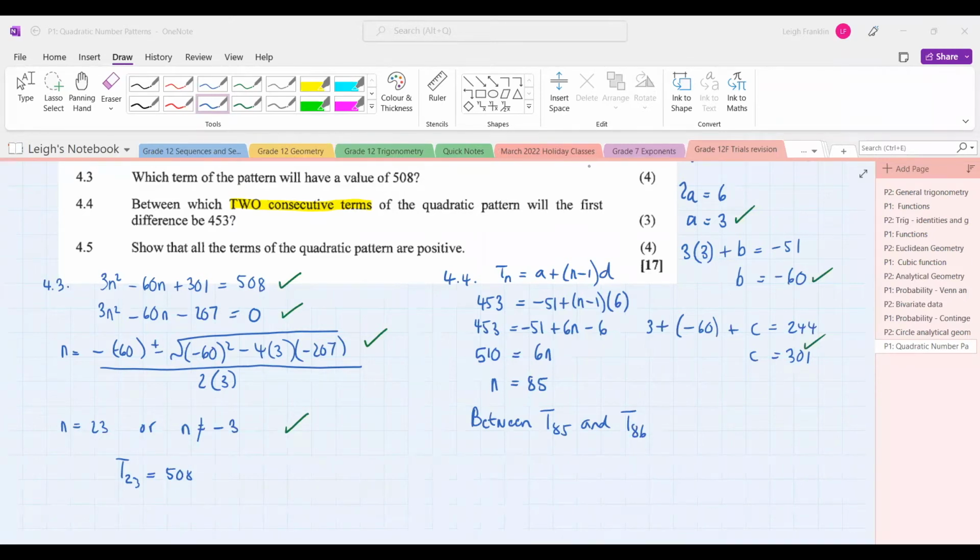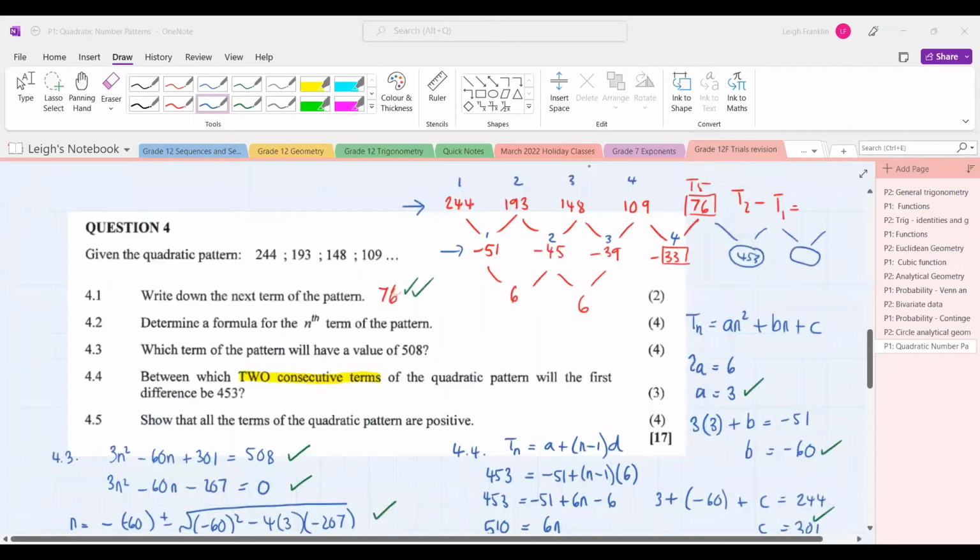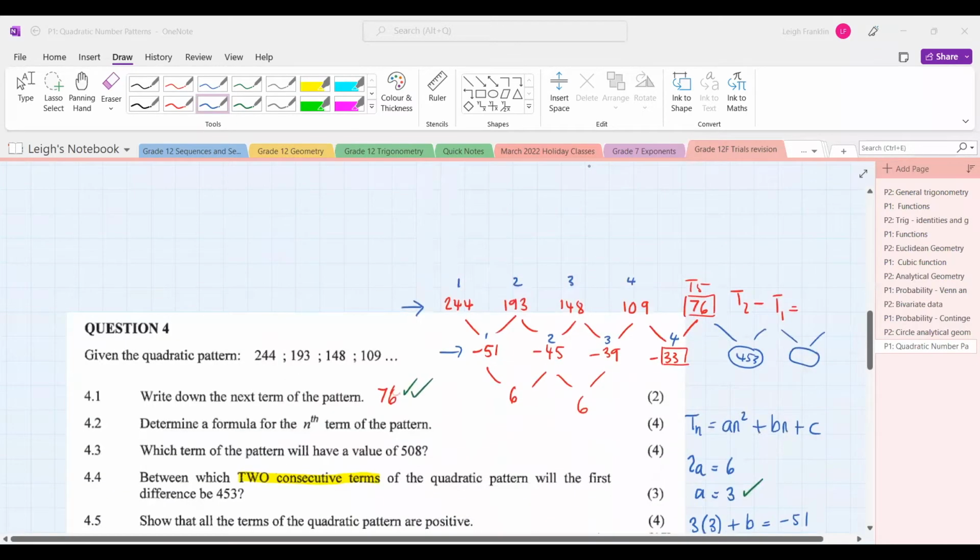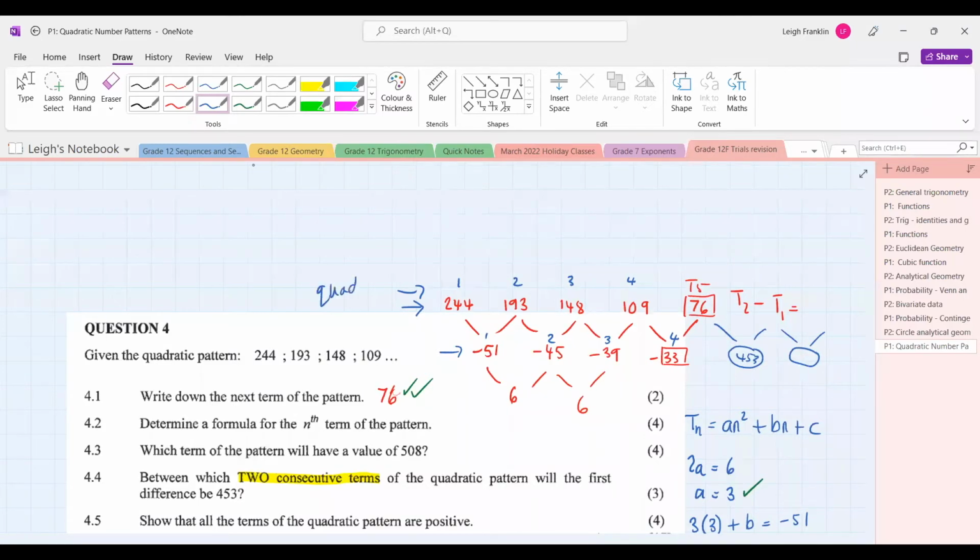Oh, good, Kamchedo. If we go up and have a look at our pattern, can you see over here the one with the two blue arrows, that's our quadratic pattern. And the one with one arrow is our first differences, or our linear pattern.